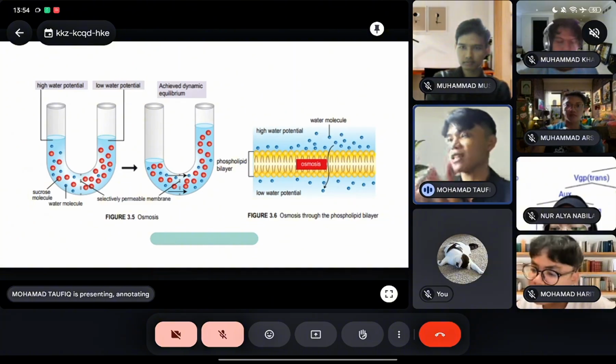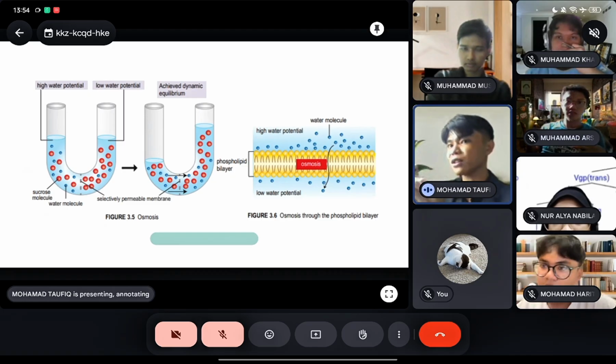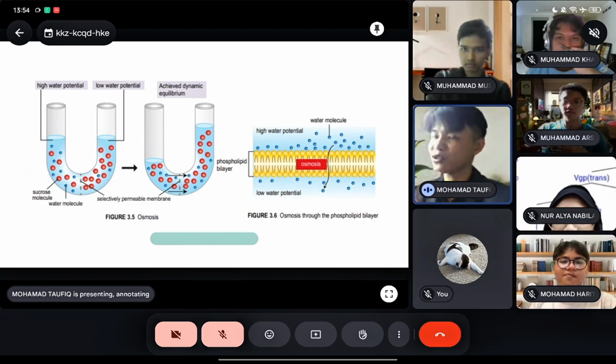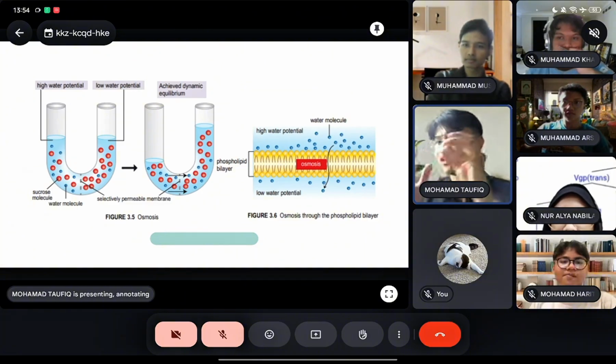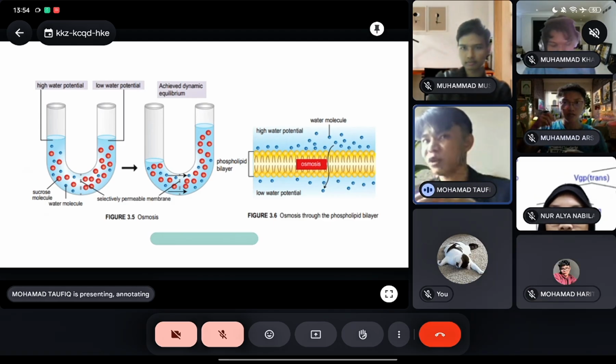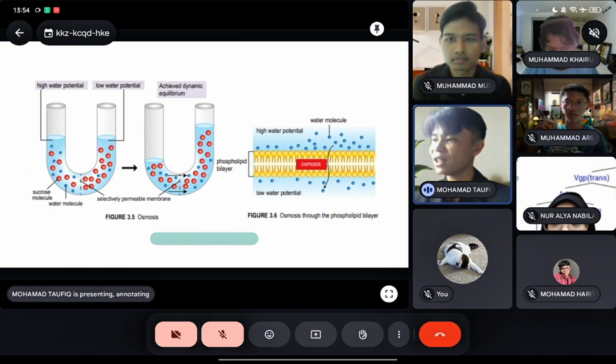Okay, just now we said it requires energy, and the concentration gradient is also included as a difference. Now, what is the destination? If the passive transport is to achieve an equilibrium, what about active transport?